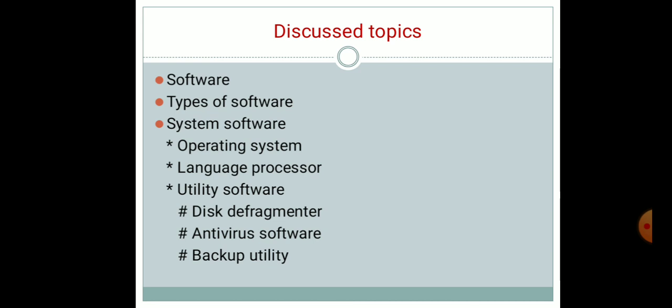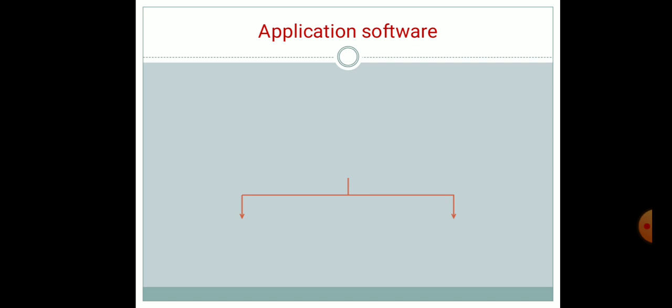So now we are going in for the next type of software, that is application software. Application software, software means a set of programs, isn't it? So application software is also a set of programs designed to help the users to perform a particular task. In application software, this software is developed for the usage of the particular task.